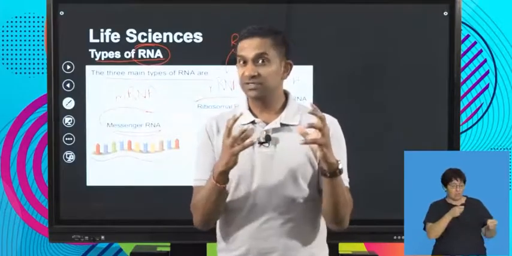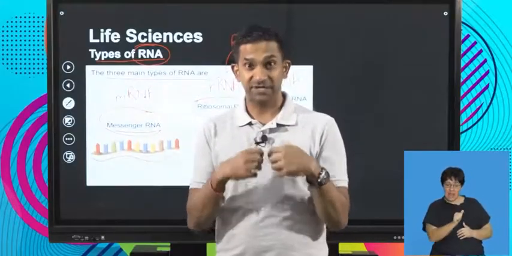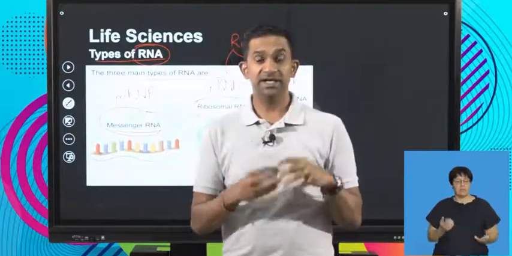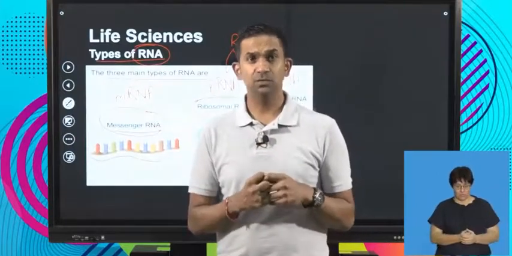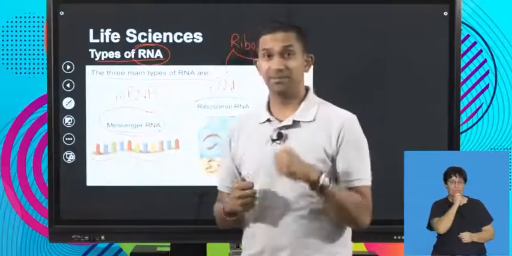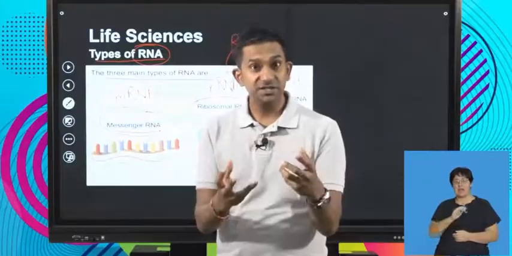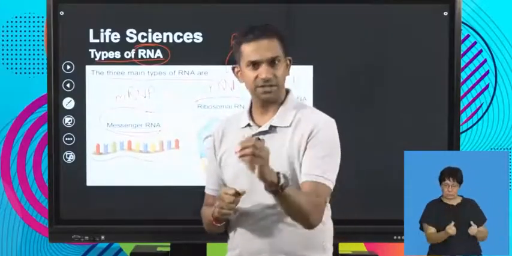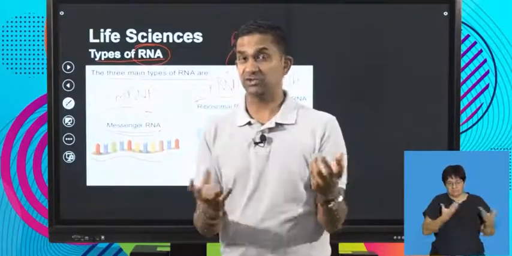The DNA controls the functioning of the cell. In order for the DNA to be able to carry out and send out specific instructions, it has to find a method or means of being able to do that. And so it will use the messenger RNA to be able to send out messages to specific parts of the cell to carry out a specific function or to initiate the expression of a gene.